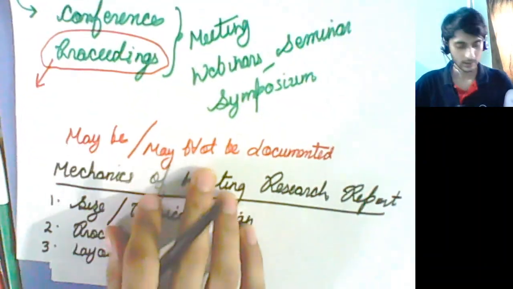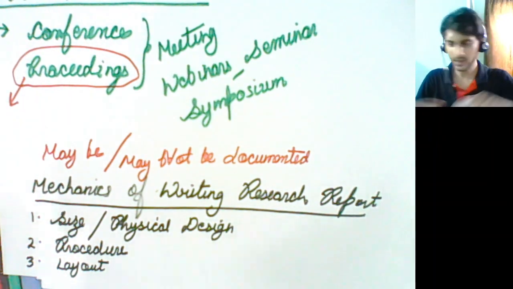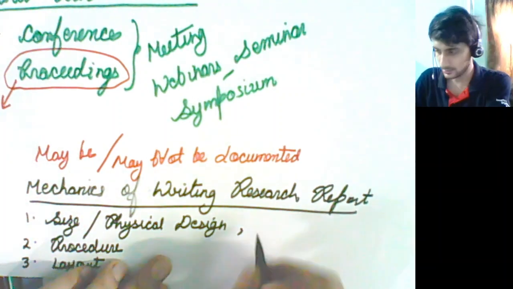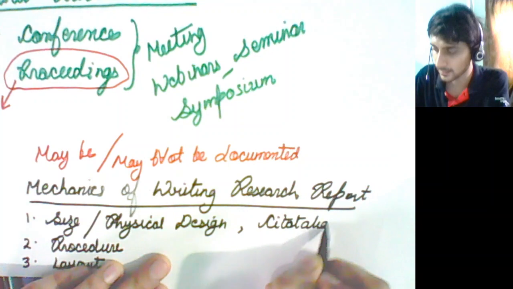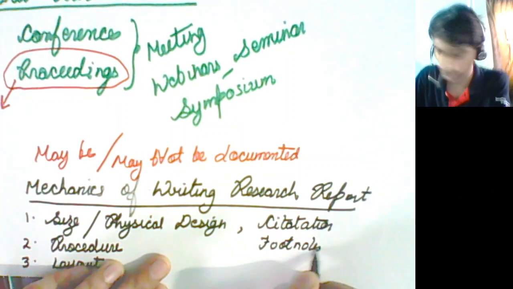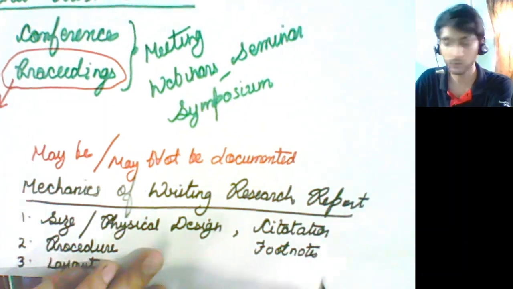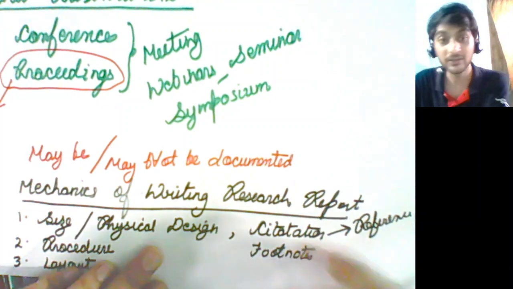Then what you can do is go with citations and footnotes. Some journals may allow footnotes, some journals may not allow footnotes, and citations or references have different styles.